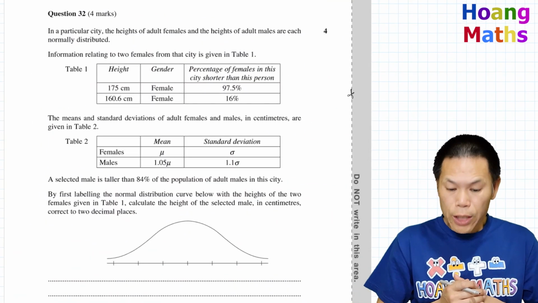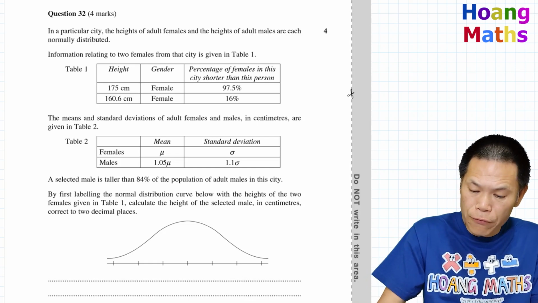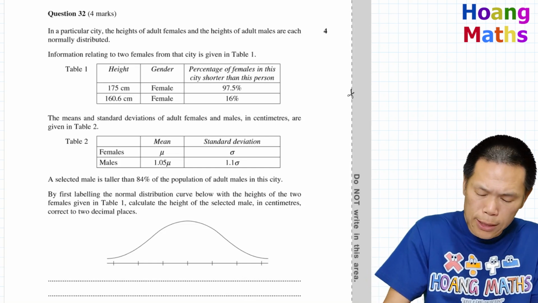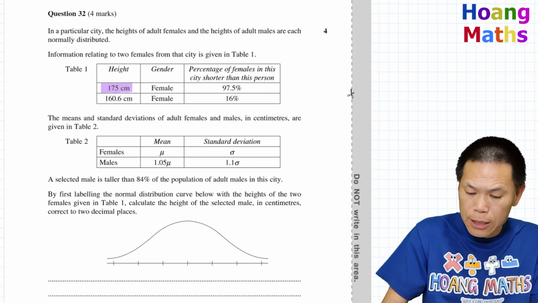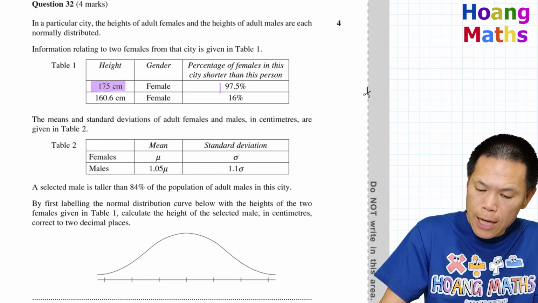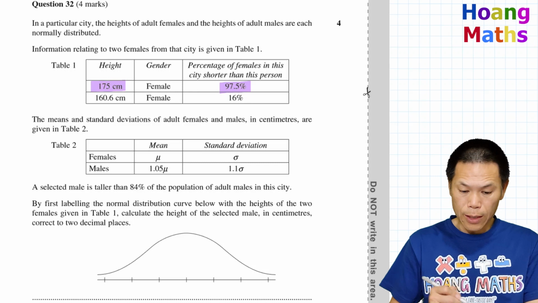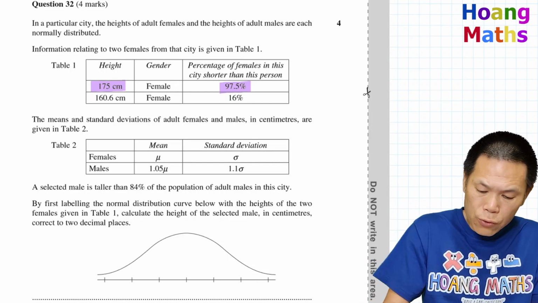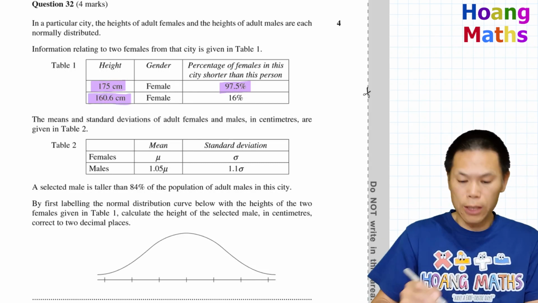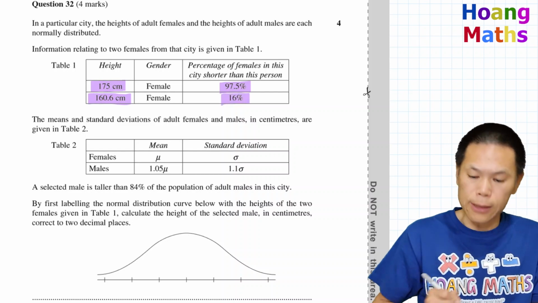Question 32. Table 1 shows the percentage of females in this city shorter than 75 centimeters is 97.5%, and 160.6 centimeters is this.